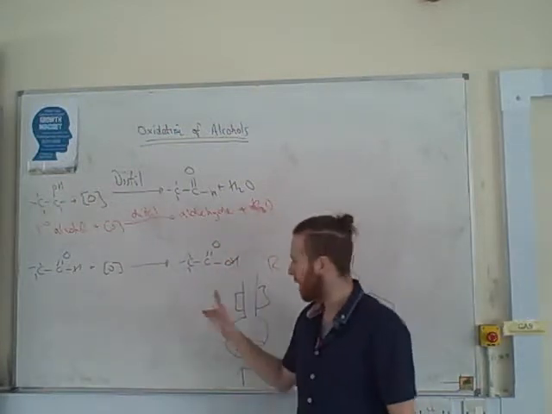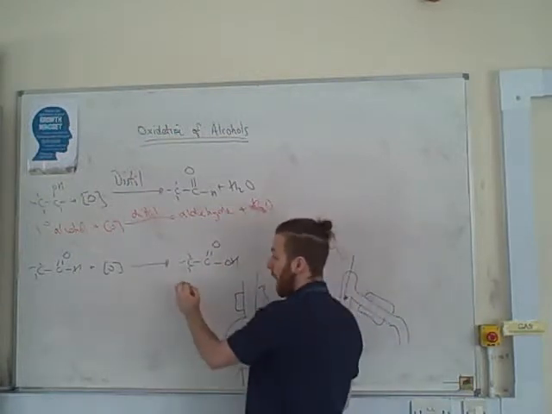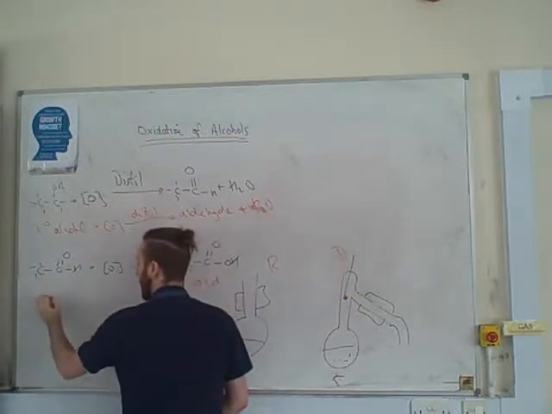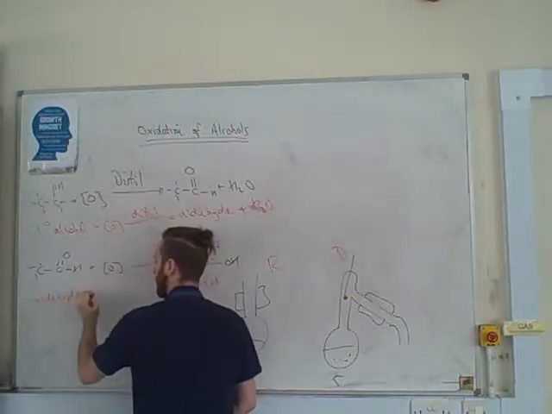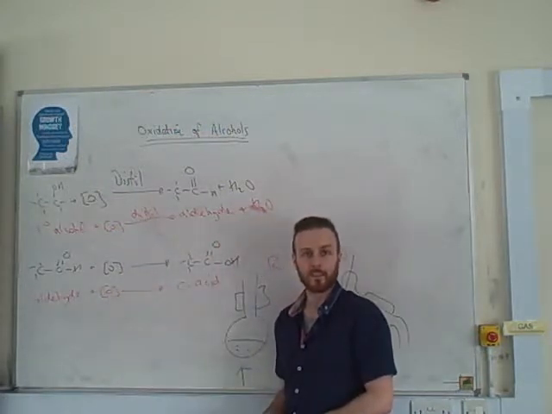Have a little think about what functional group that is. This is going to be a carboxylic acid. So if you take an aldehyde and you oxidize it, you will get a carboxylic acid.